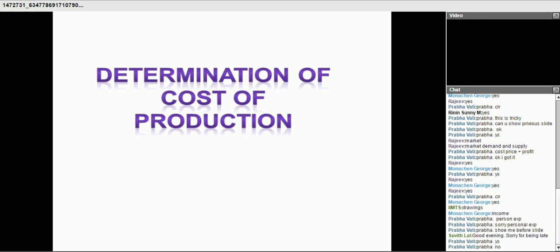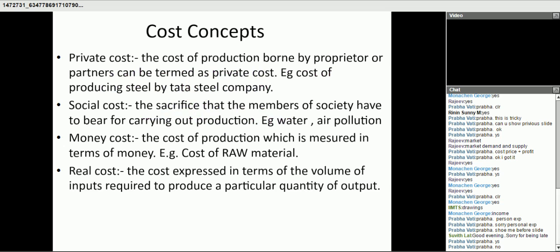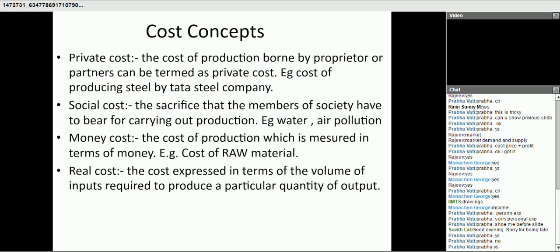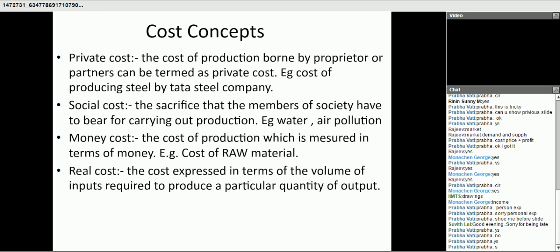Okay. The last one. This one. Private, social, money and real cost. Is that fine, Prabha? Now can I go to the next?